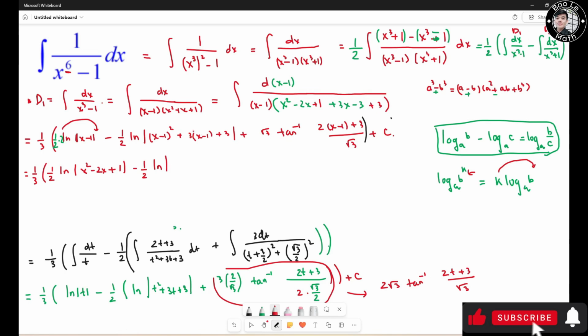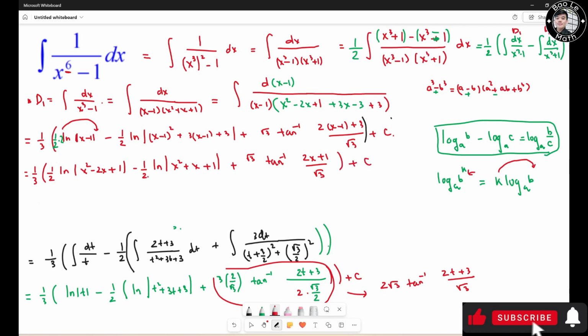If we simplify this one, it turns out to be the absolute value of s squared plus s plus 1, right? Plus root 3 tangent inverse of, simplify this one, so this turns out to be (2s plus 1) over root 3, altogether plus c, right?